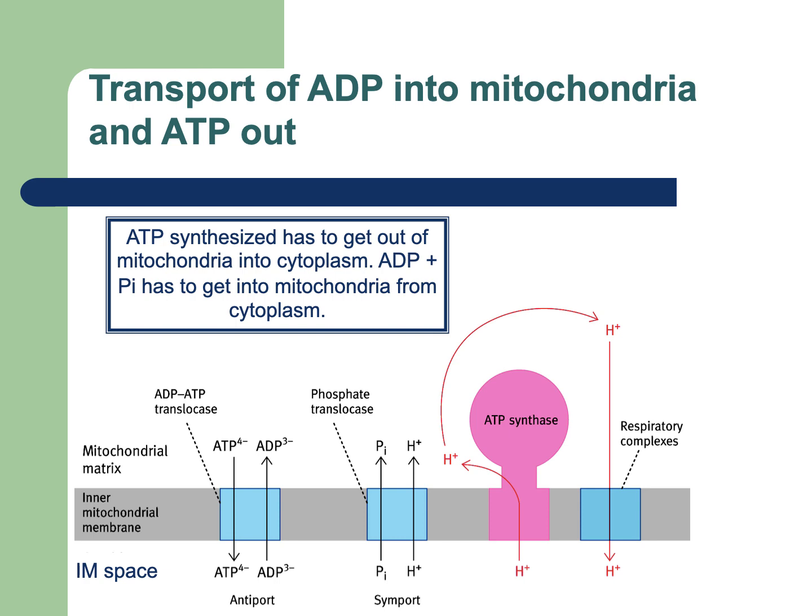So there are actually clever mechanisms to accomplish both of these tasks. There's something called an antiport that moves ATP out and ADP into the mitochondria, and a symport that moves both inorganic phosphate along with hydrogen ions that we know are moving down their concentration gradients.